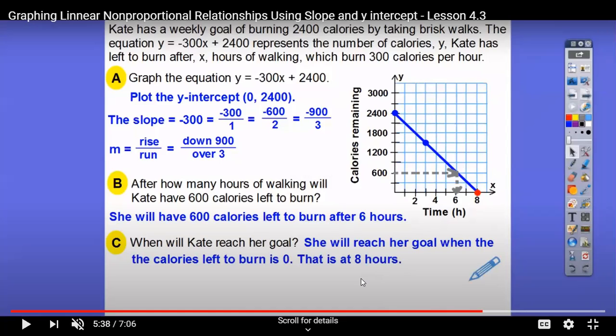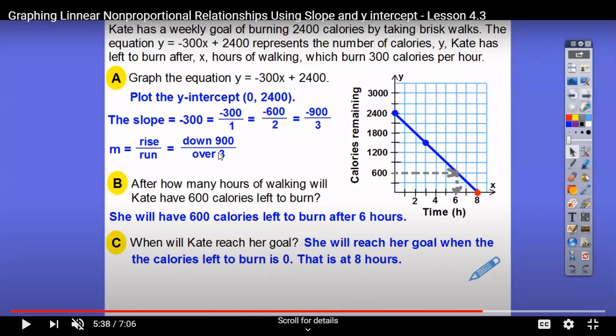For this reason, we represented this graphically. How? I said we can use the slope and the y-intercept. So we said the y-intercept here was 2,400, which is the initial value. The rate of change, or the slope, was negative 300 over 1.